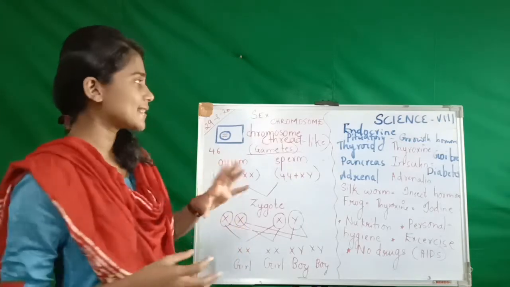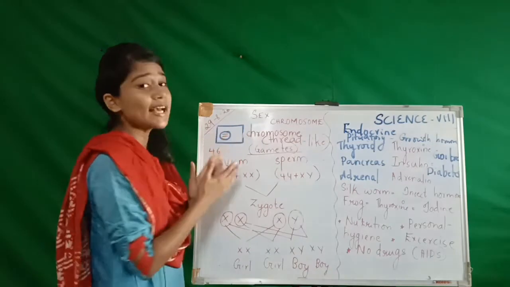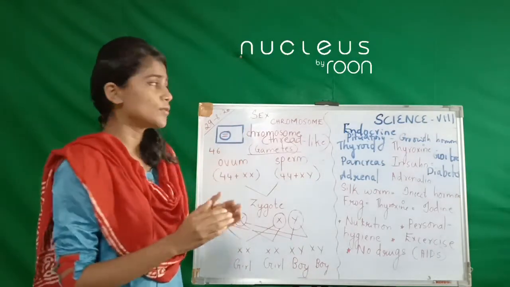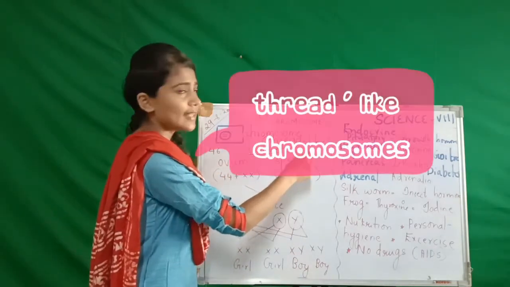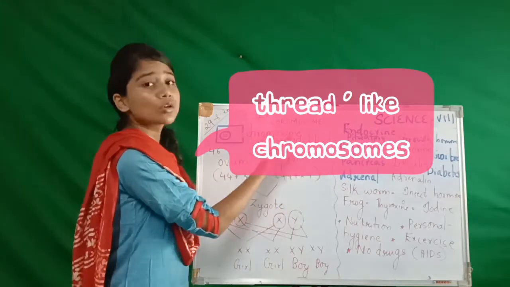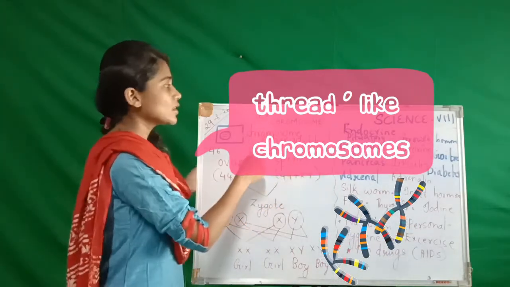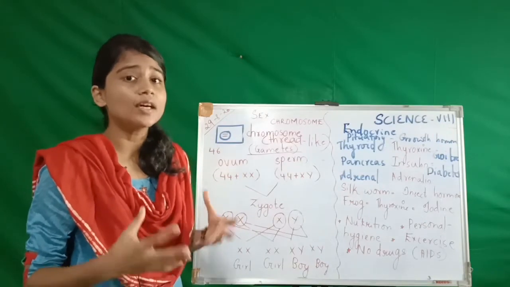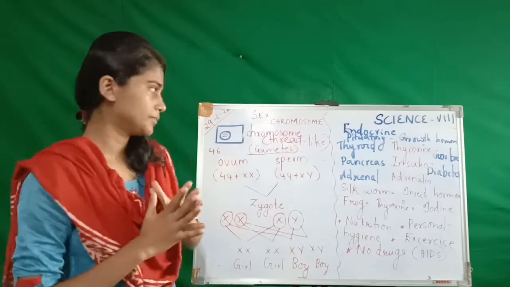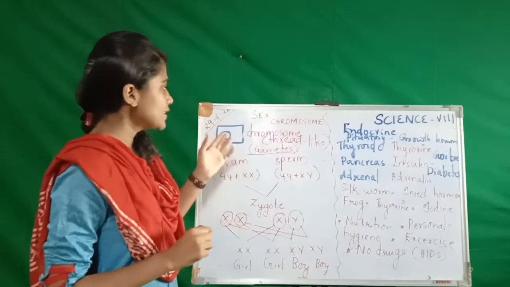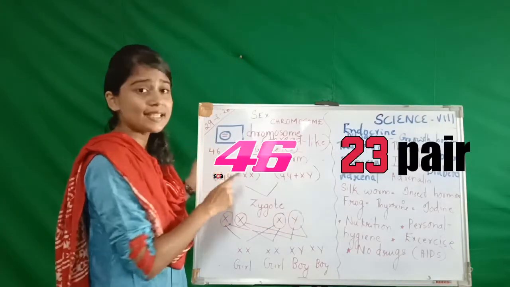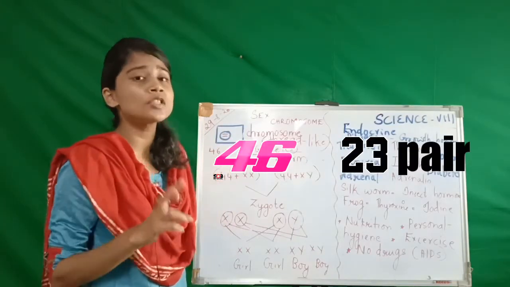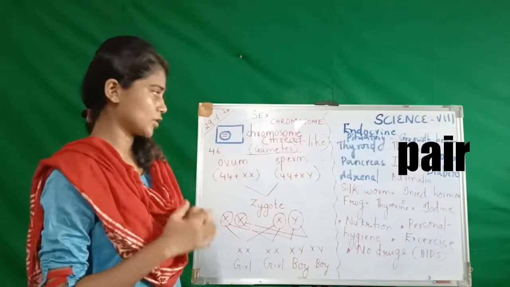Each cell has a part called the nucleus, and in this nucleus there are some thread-like structures called chromosomes. These chromosomes are the ones that determine whether a baby is a boy or a girl. Now, each cell has 46 chromosomes, in other words 23 pairs of chromosomes.